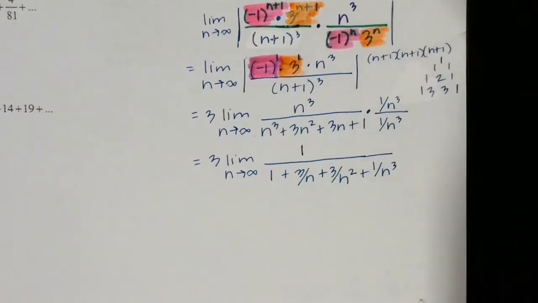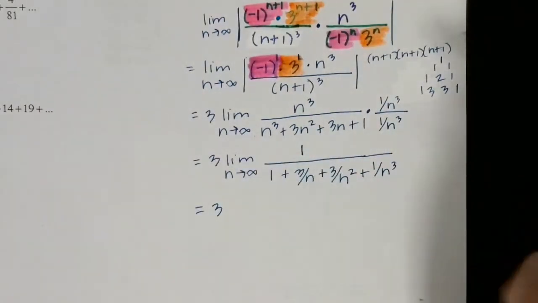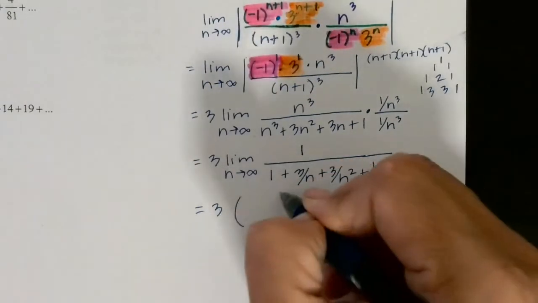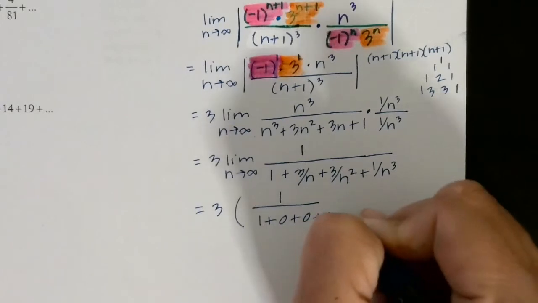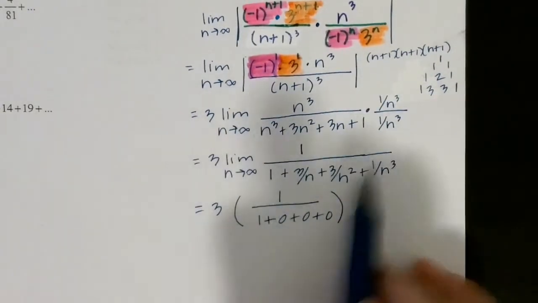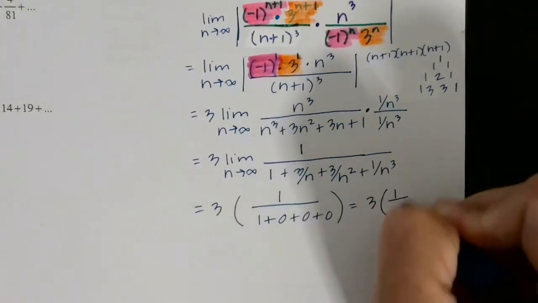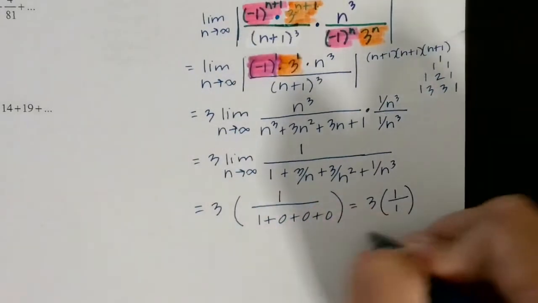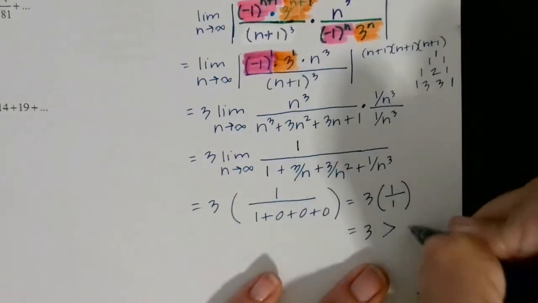Okay, so then I have 3, and now I'm going to evaluate the limit, which is going to be 1 over 1 plus 0 plus 0 plus 0. So this 3 is here, and this is coming from that limit, which equals 3 times 1 over 1, which equals 3. And then this step is important, greater than 1.